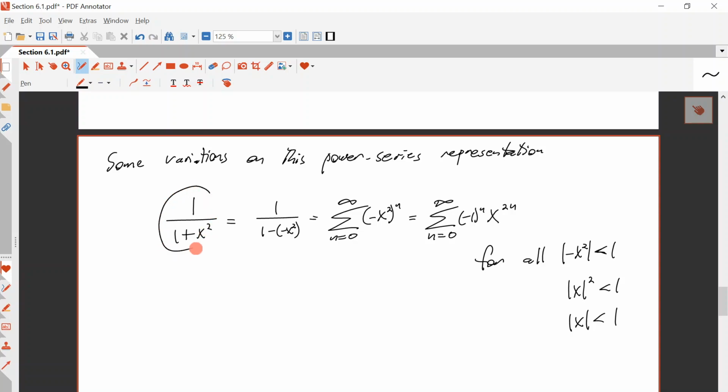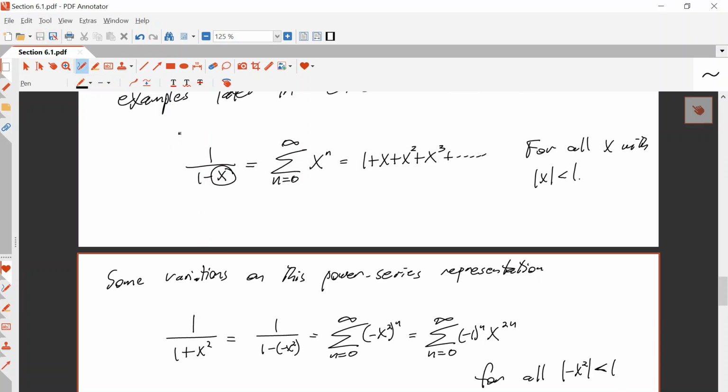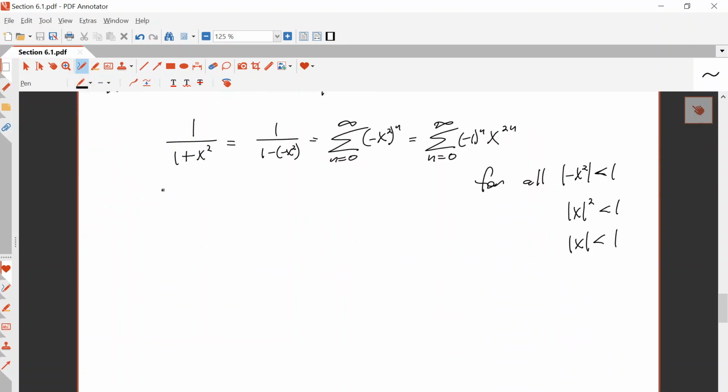So this function, which happens to be the derivative of arctangent x, by the way, has a power series representation right here, for all x whose absolute value is less than 1. Okay? So that function represented as a power series just comes from the standard geometric series. But there's other variations you can take as well.